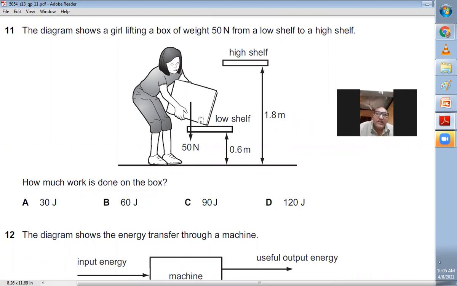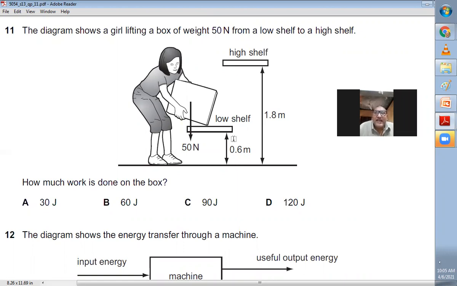She moved this load from a height of 0.6 meter to a height of 1.8 meter. First of all, I need to find the difference of height between the high shelf and the low shelf. That is 1.8 meter minus 0.6 meter, which is 1.2 meter. So the height will be 1.2 meter.